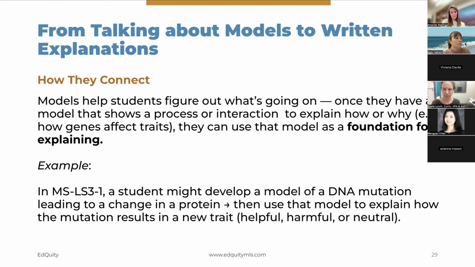So it's a great way to start using the language to write an explanation. So, for example, a student might develop a model of a DNA mutation leading to a change in a protein. Then they might use that model to explain how the mutation results in a new trait. They can do that orally, and then talking about their models orally is a bridge to them being able to write.